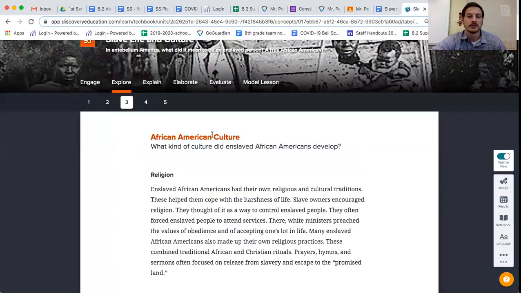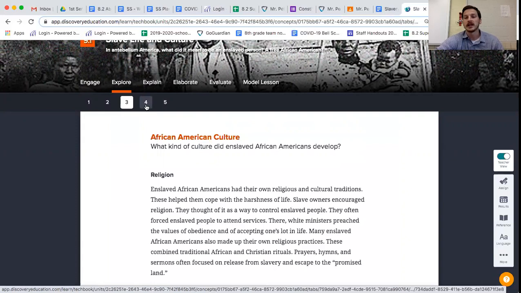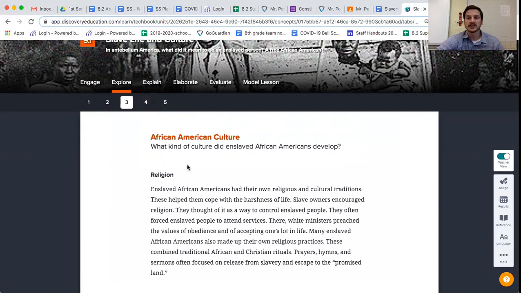That's why I wanted you to use tabs 3 through 5 to learn and dig into that information. So if you didn't do well on that the first time, when you do it on the test, you need to really actually read tabs 3 through 5 to get that extra info. Just for an example, if you were to read these things through, some of the similarities you would have seen between enslaved people and free people would be things like they're both very religious, right?